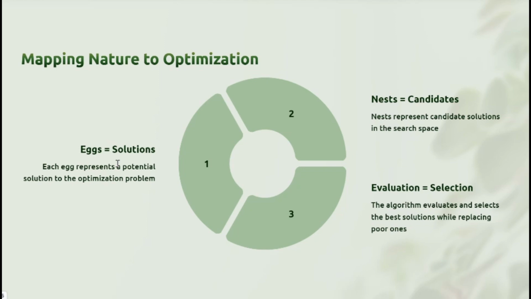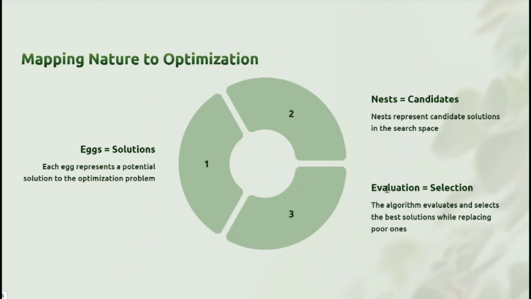The aim is to use the new and potentially better solutions to replace not-so-good solutions in the nest. In the simplest form, each nest has one egg. The algorithm can be extended to more complicated cases in which each nest has multiple eggs representing a set of solutions. And here, every nest represents a candidate solution in the search space.